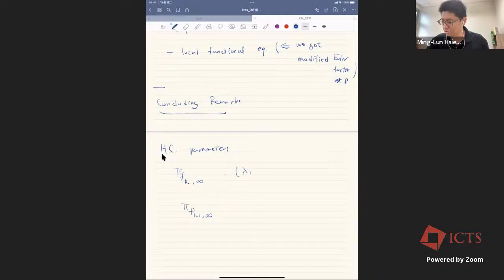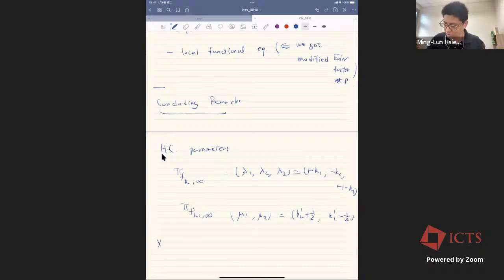It's given by a tuple of 3 integers or half integers. In our case, it's 1 minus k1, negative k2, negative 1, negative k3. And for mu1, mu2, this is just k2 plus 1/2, and k1 prime minus 1/2.